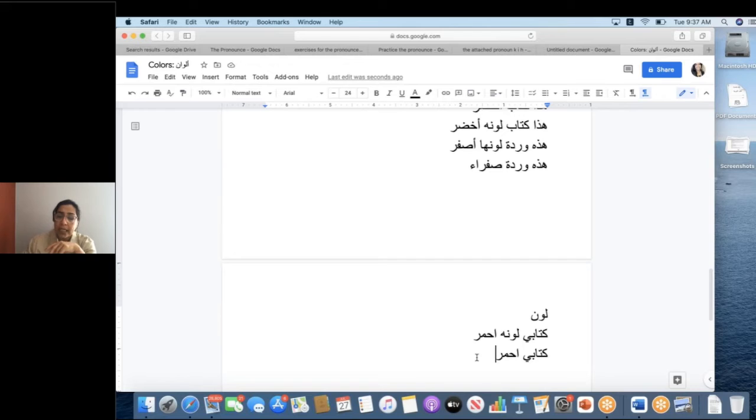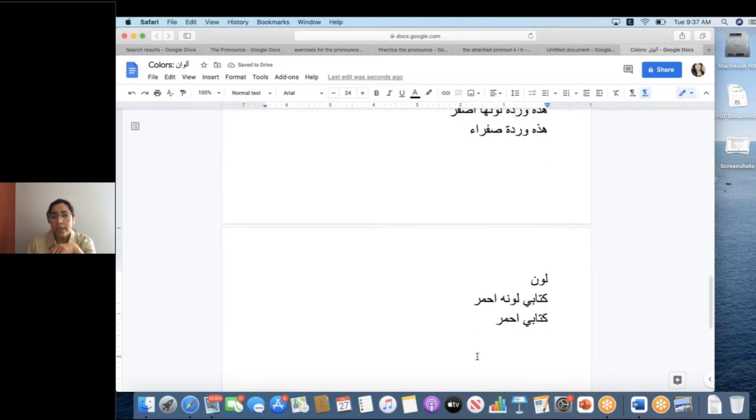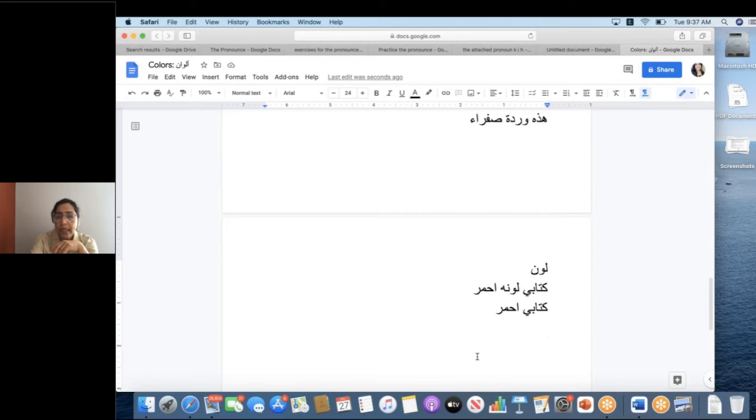Okay, it's masculine. But imagine if I use a feminine noun such as وردة. وردة means flower, rose. وردة. Look at it. It has تاء مربوطة. So it is feminine. Just please focus with me.